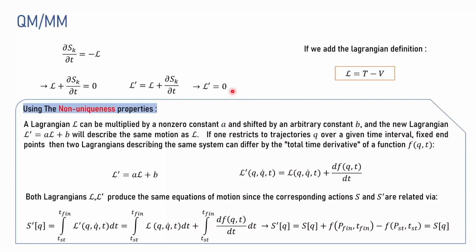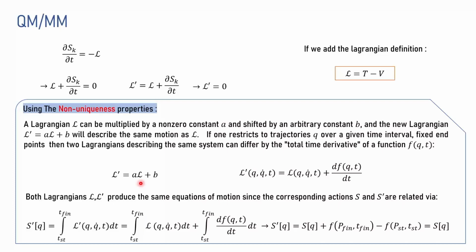It's not always possible to do this, but we will use one property of the Lagrangian, which is called non-uniqueness. If we have a first Lagrangian L, we can multiply it by any constant, not equal to 0 for sure, and we can also shift it by adding any other constant on it, and we will have an L prime which gives the same equation of motion that L provides.